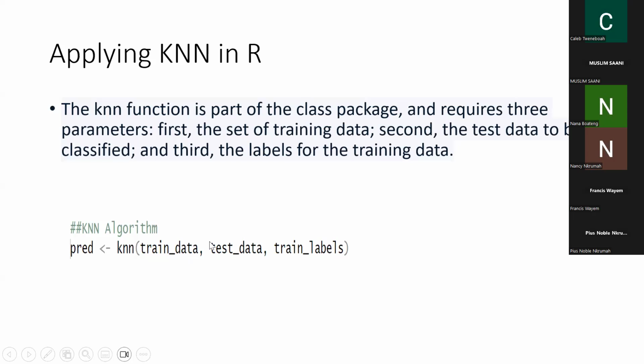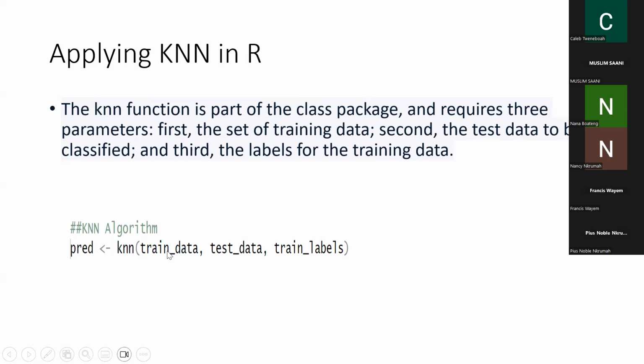Now, KNN deals with numerical values. So when we are inputting it into the function, we separate the labels from the train data.